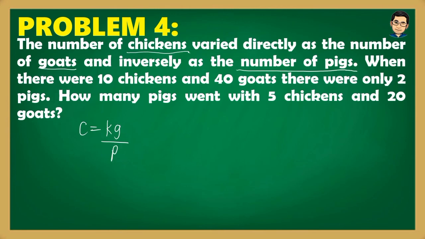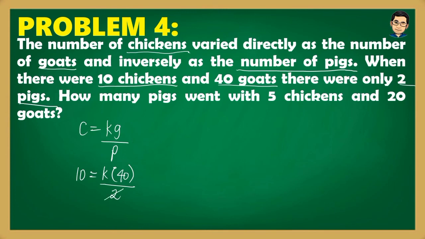And then we substitute the given values. So, 10 chickens, 40 goats when there were only 2 pigs. So, 10 chickens, that is 10, is equal to K times the number of goats, which is 40, all over the number of pigs, which is 2. So, pwede natin i-cancel yung 40 tsaka 2.